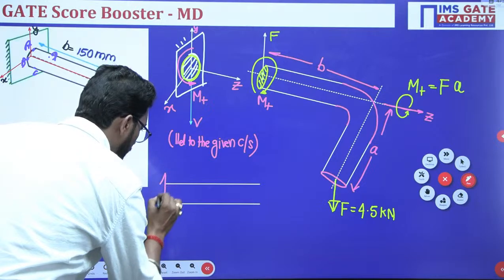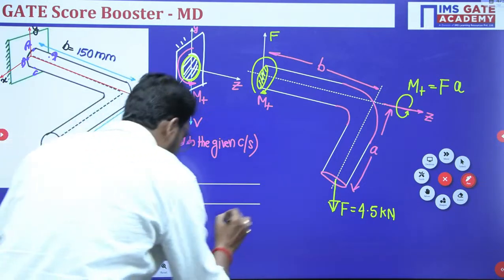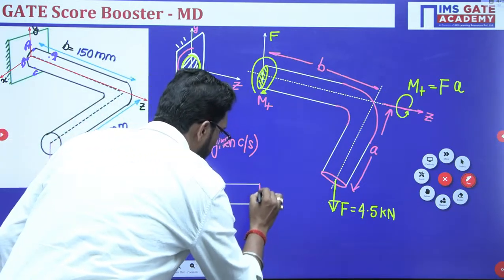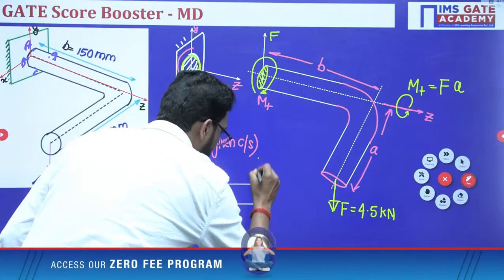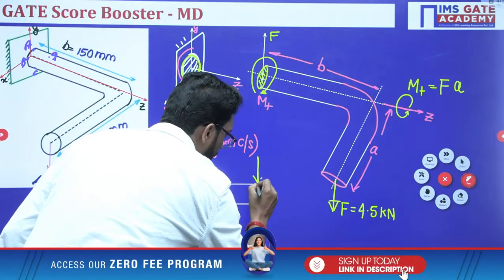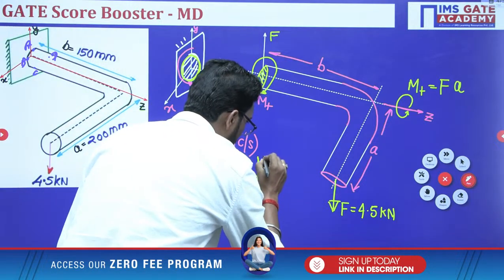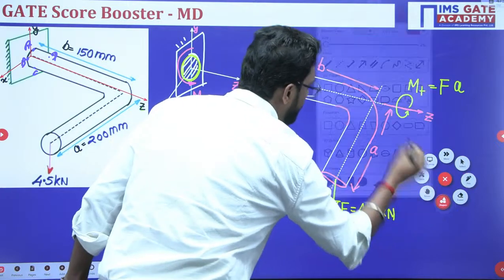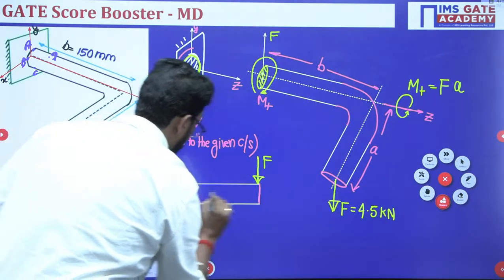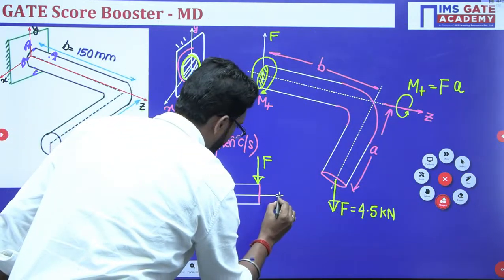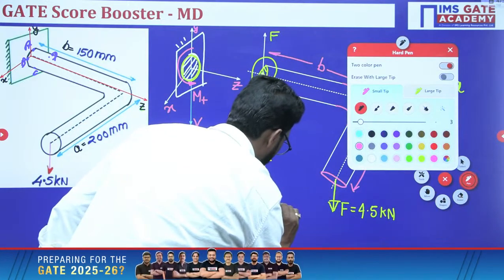So here a direct load is applied on this shaft. Yes or not? If you take this one, F is given, and obviously this is your Z direction, Z direction, my dear.